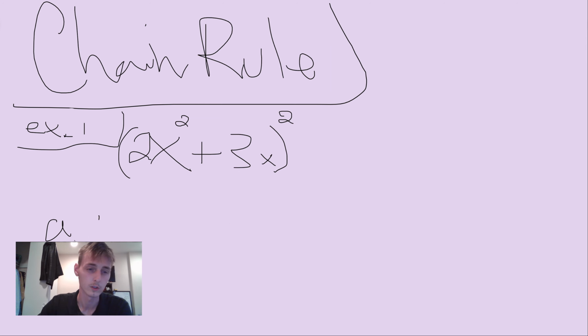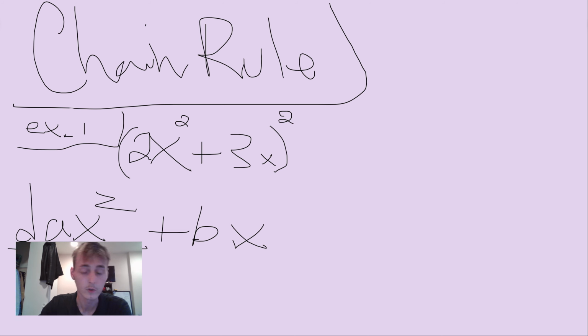You would result to something like ax squared plus bx, in which case you can take the derivative individually, which we know how to do, of each of these terms.